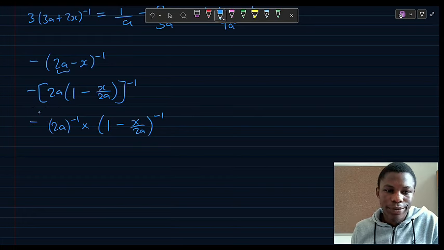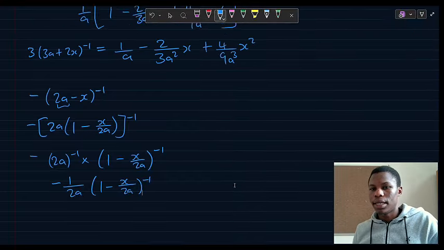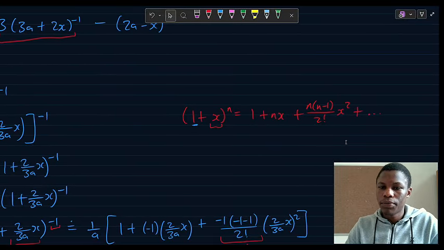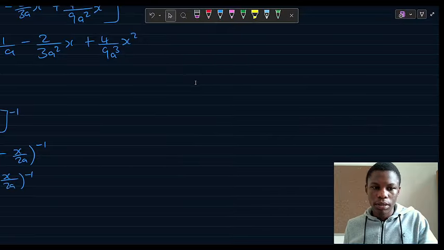So, we've got negative 2a to the minus 1 is the same as 1 over 2a. And this is multiplying our 1 minus x over 2a to the negative 1. And now we can use our binomial expansion formula. So let's just copy that down.